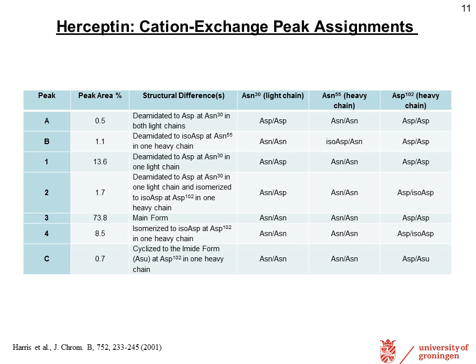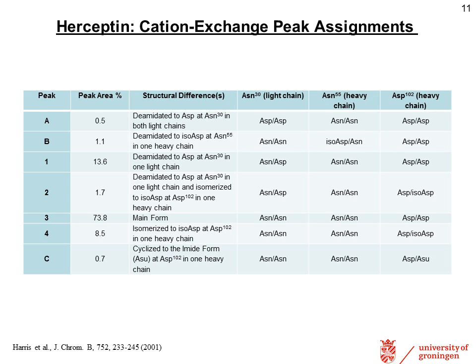But let's go back to our different peaks. Peak 3 was the major form. It covers 73.8% of the peak area, and it is as expected from the DNA sequence: asparagine in position 30 of the light chain, asparagine in position 55, the other position I pointed out, in the heavy chain, and aspartic acid in the heavy chain at position 102.